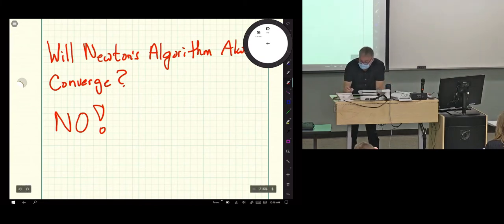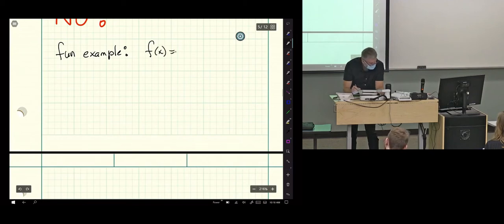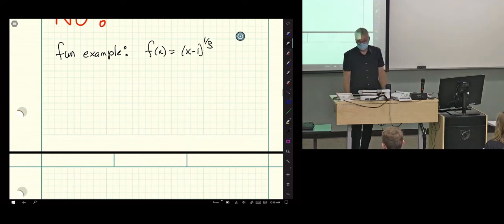And if you want a fun example, I'll let you program it up. Take f of x is the cube root of x minus 1. Okay, so that's a well-defined function even when it's negative, because you can take things to the cube power and get the sign. So this always has the same sign as its argument.